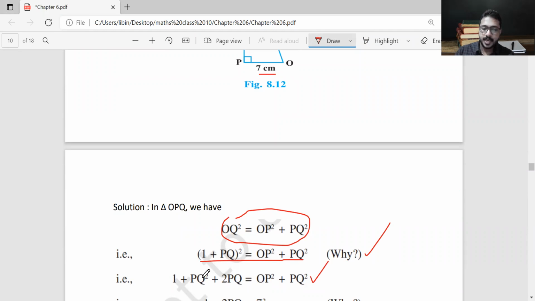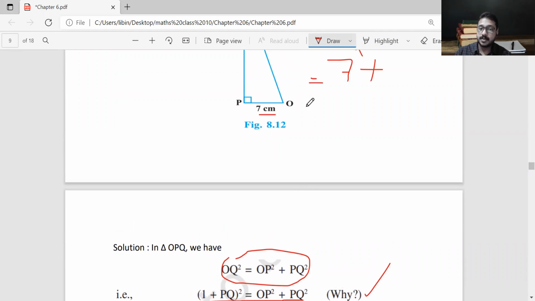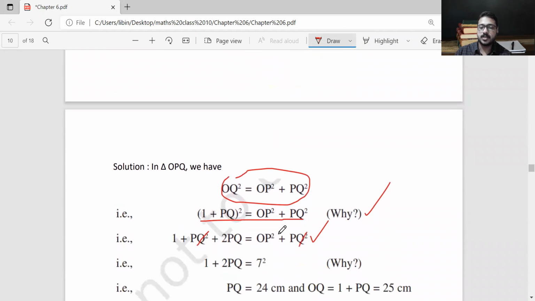We can cancel PQ squared and PQ squared. And what is remaining? What is the value of OP? OP is given as 7, so OP squared means 7 squared. That is 1 plus 2PQ is equal to 7 squared. Solving this, what is the value of 7 squared? It is 49. 49 minus 1 is equal to 48. Therefore, PQ is 48 divided by 2, which is 24 centimeter.